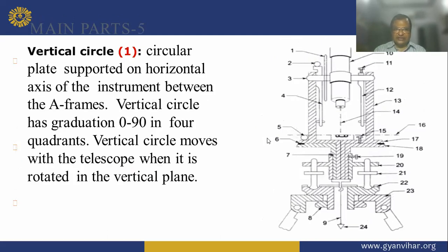So vertical circle means a circular plate supported on the horizontal axis of the instrument between the frames. So the vertical circle has graduation 0 to 90 in 4 quadrants, and the vertical circle moves with the telescope when rotated in the vertical plane.